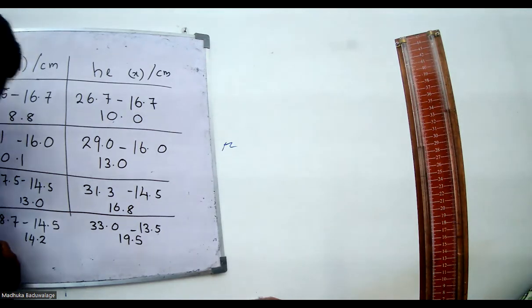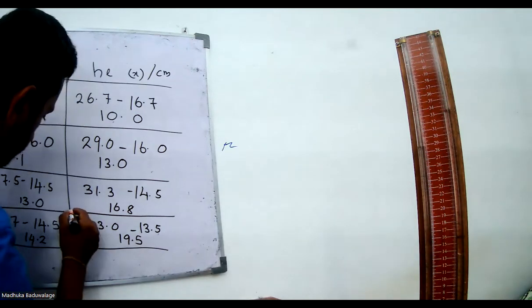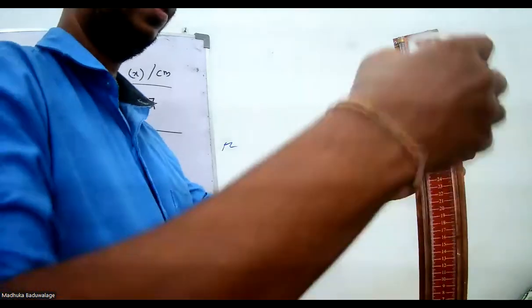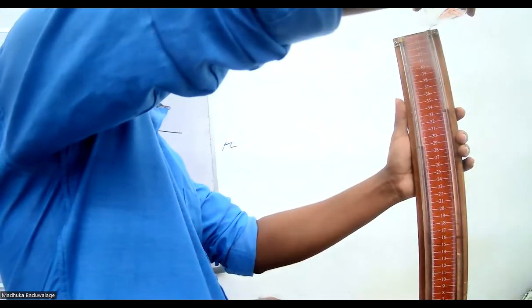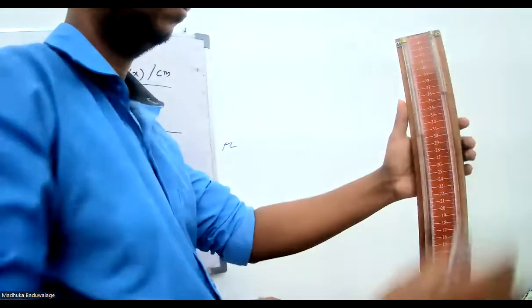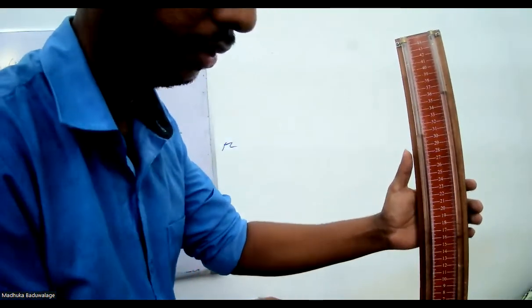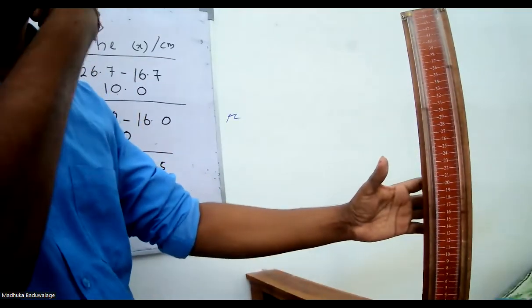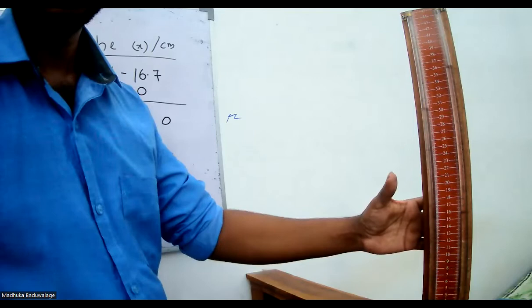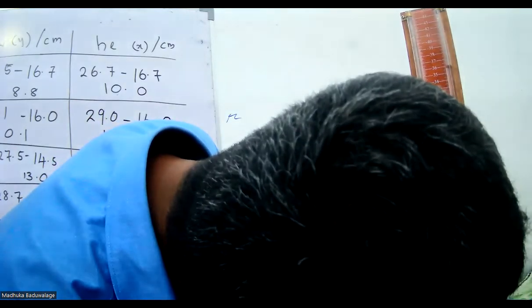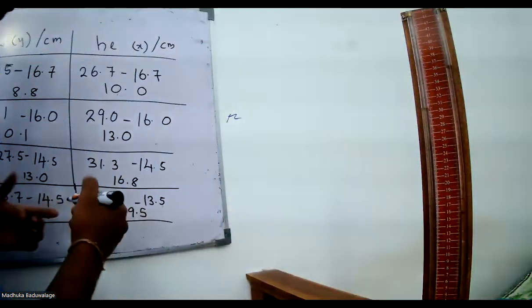Now I am going to get the fifth reading. Again, I have to add kerosene oil. For the new reading, first we have to find out the position of the common interface. It is 11.7.